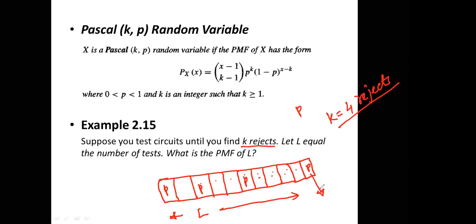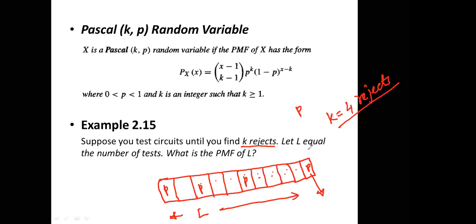Yes, sir. So the idea is, whenever you are testing L circuits, the last one is a reject. The last one is a reject, definitely, because we have to find K number of rejects, and then we will stop.